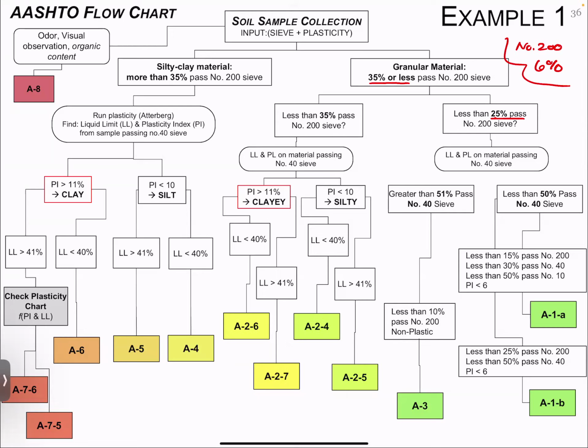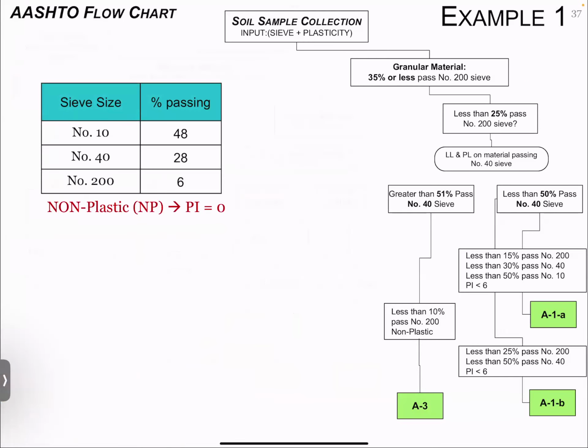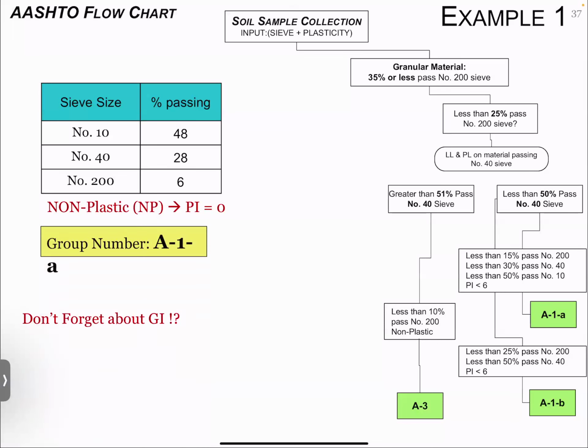Now we take the liquid limit and the plastic limit on our number 40 sieve. We're told that it's non-plastic, so the PI is 0. Since the PI is 0, do we have less than 50% passing our number 40 sieve?